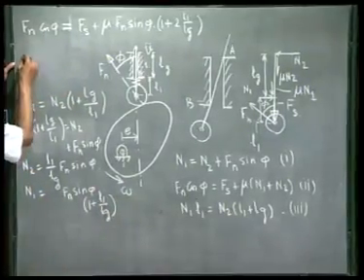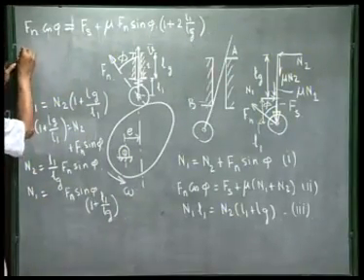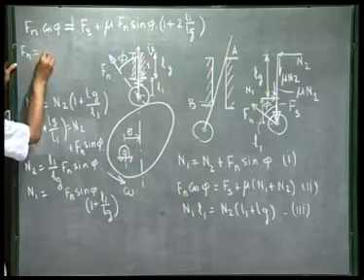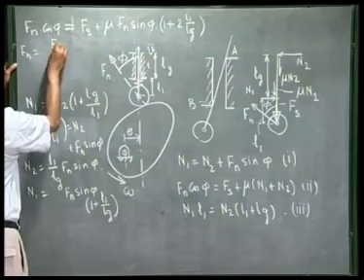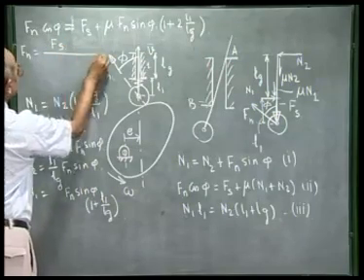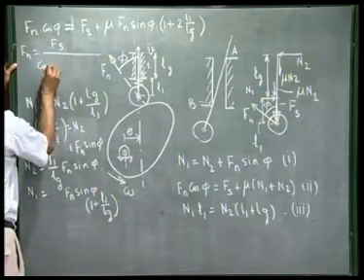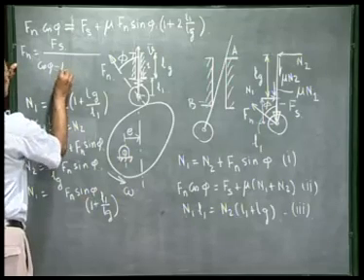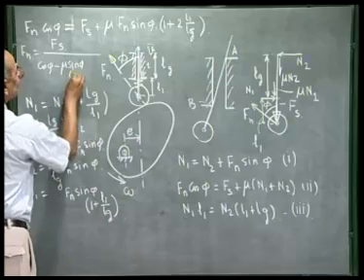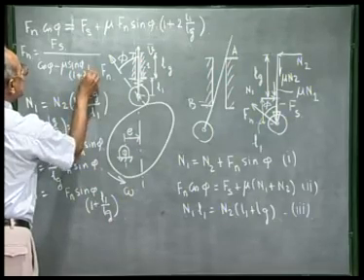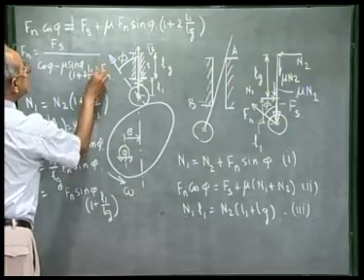So you get the driving force Fn equal to Fs divided by cosine phi minus mu sin phi into 1 plus 2 L1 by Lg.